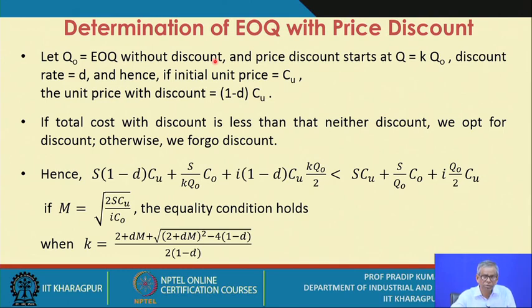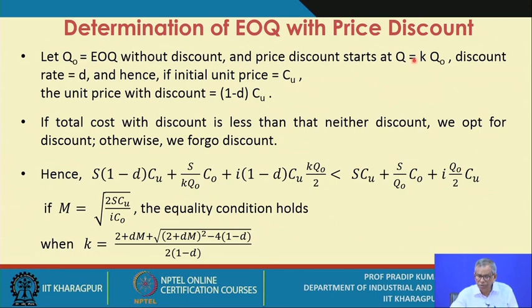Sometimes this is referred to as the classical EOQ formula, and the price discount starts at Q equals k into Q0. What we are trying to do is that Q0, the optimal order quantity or EOQ, stands as the base, and the other quantities that we need to consider are expressed in terms of the EOQ quantity.